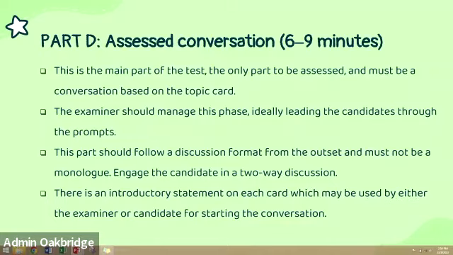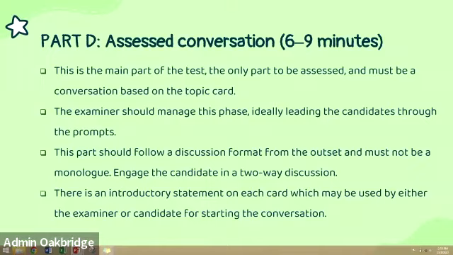Please remember, this is the main part of your speaking test, and this will be the only part that you will be given marks. Okay? So this part will be based on the conversation, based on the topic card that has been selected in part C. Okay? The entire part will be managed by the examiner, ideally leading the candidates through the prompts.